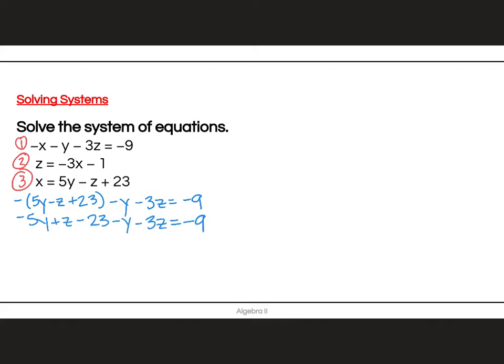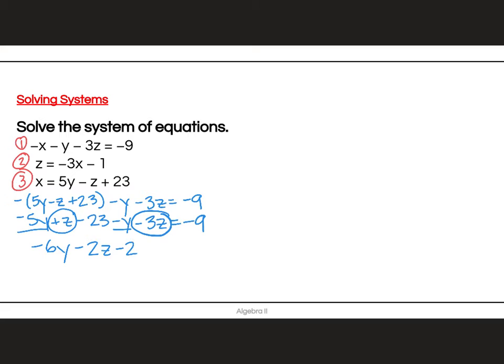Because I'm only substituting in place of x, I have to distribute that negative. Now I need to combine like terms. So I have negative 5y and negative y, which is going to give me negative 6y. Then I have a positive z and a negative 3z, so 1 minus 3 is negative 2z.